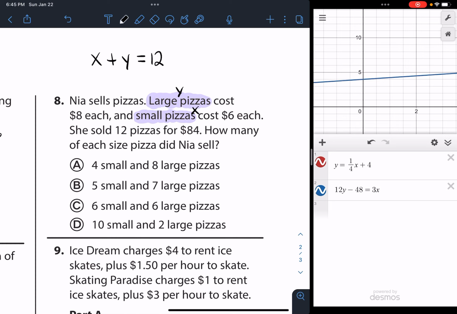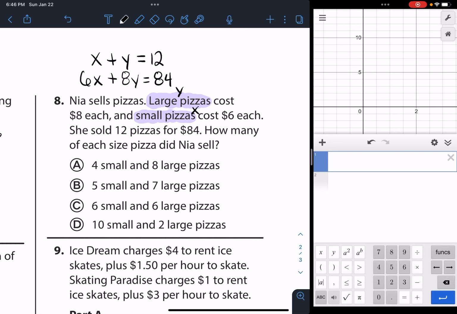Then we have to make our money equation. Small pizzas cost $6 each. So $6 per small pizza plus $8 for each large pizza costs a total of what she sold. The total that she sold was $84. Now those are our two equations. Now you take both of those equations and type them in the Desmos graphing calculator, shazam, it's all done.